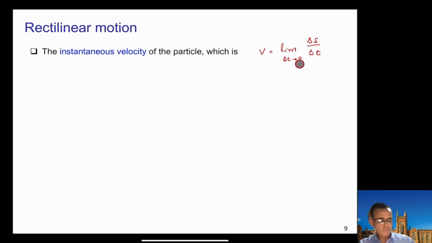This is the definition of the derivative. So the instantaneous velocity is equal to ds by dt, or you can also write s dot, where the dot means the derivative with respect to time.